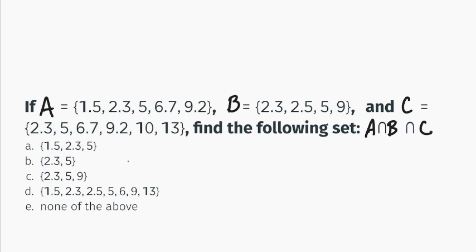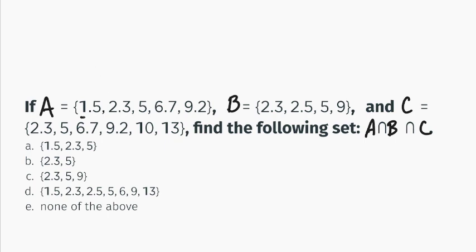So the set A contains 1.5, 2.3, 5, 6.7, 9.2, and the set B contains the elements 2.3, 2.5, 5, and 9, and C contains the elements 2.3, 5, 6.7, 9.2, 10, and 30. So what we want is to find the set which is the intersection of the three sets. So since it is an intersection, essentially we just want to find the common elements on all the three.